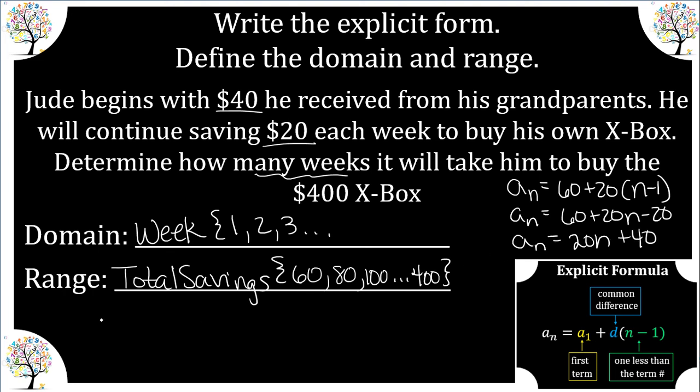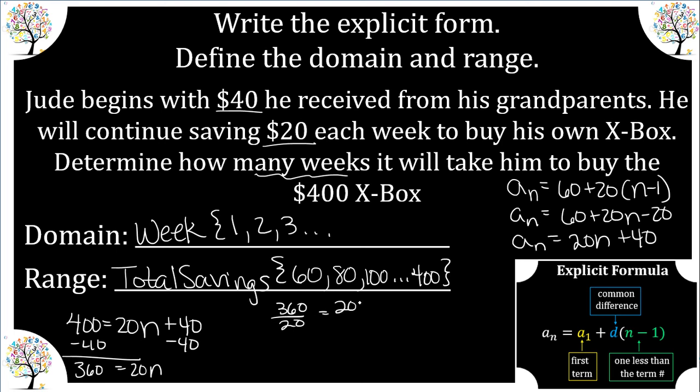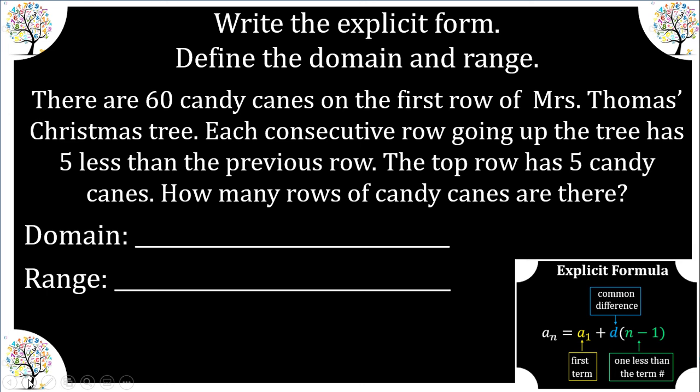We're going to plug in 400 for the output, and we're going to find what week n is going to be before he has enough money. And then we have 360 divided by 20, 20n divided by 20. This is going to be 18. So in 18 weeks, he will have $400.